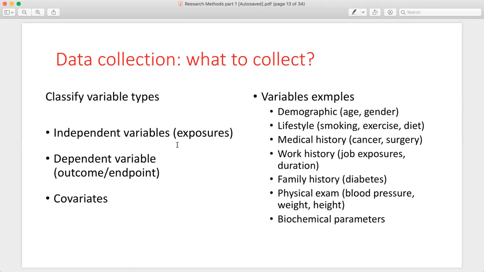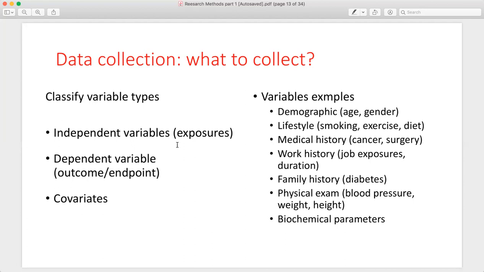So let's talk about what to collect. Think about classifying your variable types based on your specific objective. So think about what your independent variables are. Those we typically consider as exposures or risk factors in epidemiological terms. What would be your dependent variables?